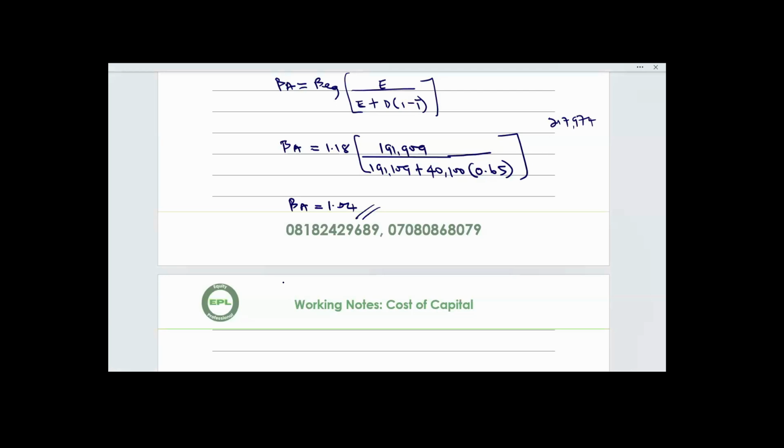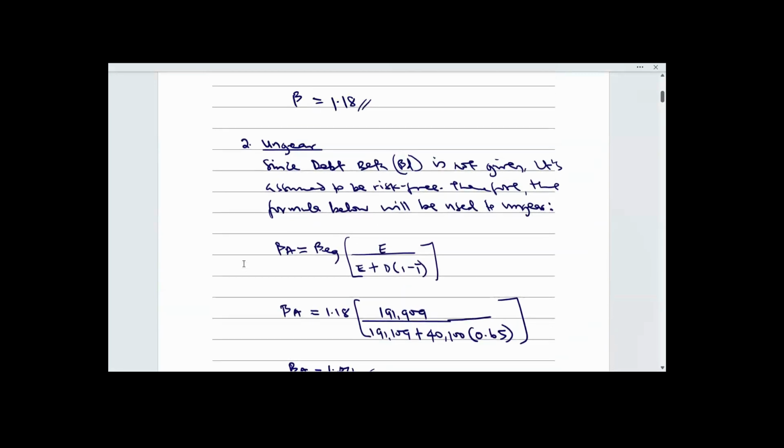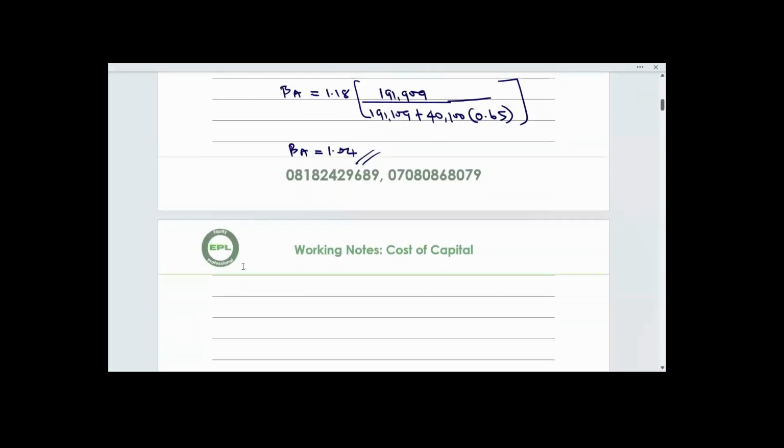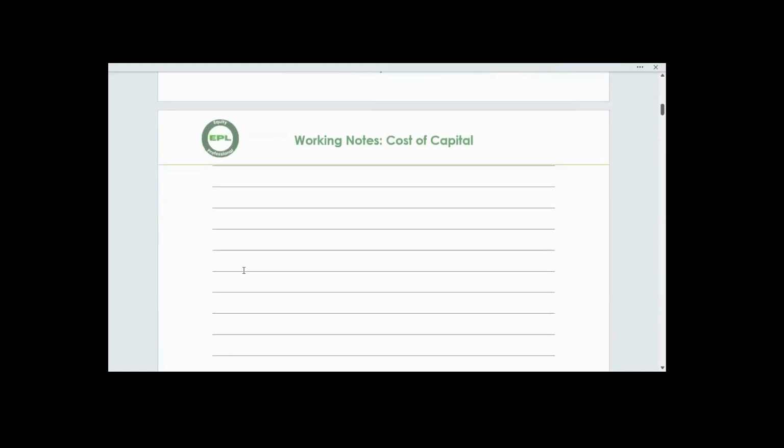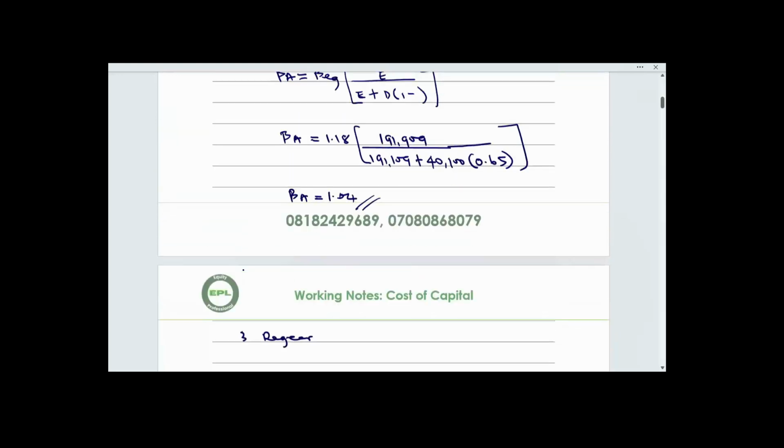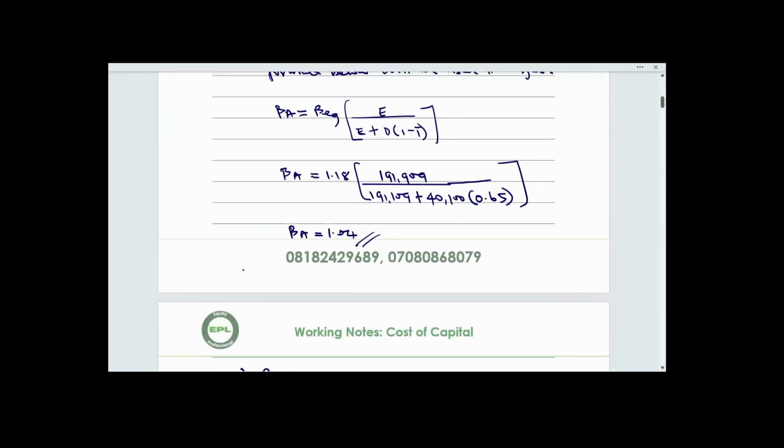This is how to calculate ungear beta. Now that you have the asset beta, I can regear to incorporate the financial risk of the main company, which is Kilimanjaro. Step 3, you regear. In step 2, you have removed the financial risk of the four freezer companies.